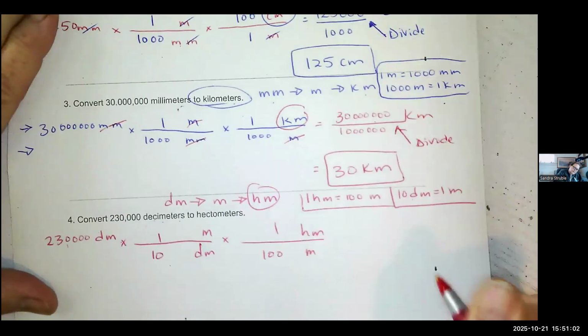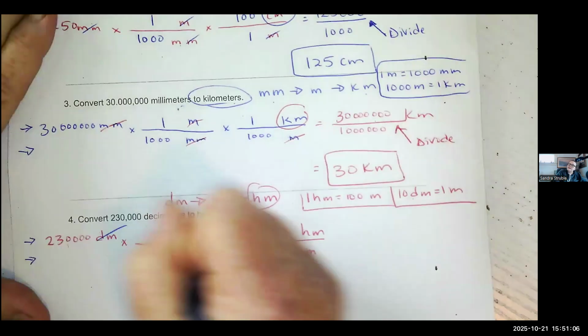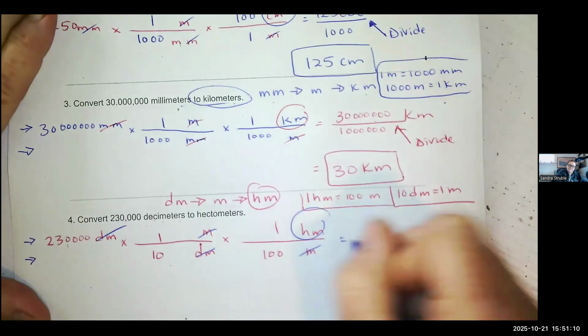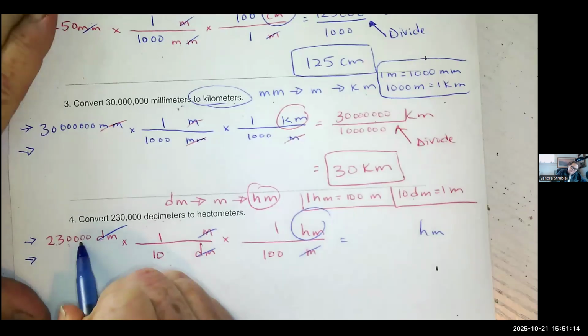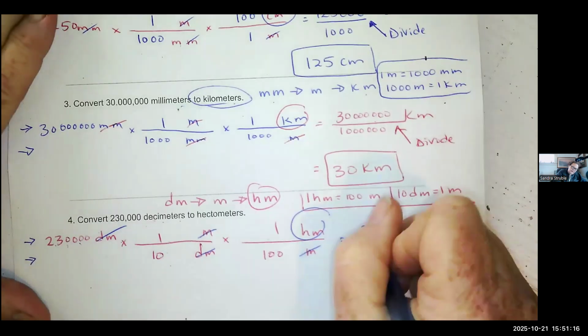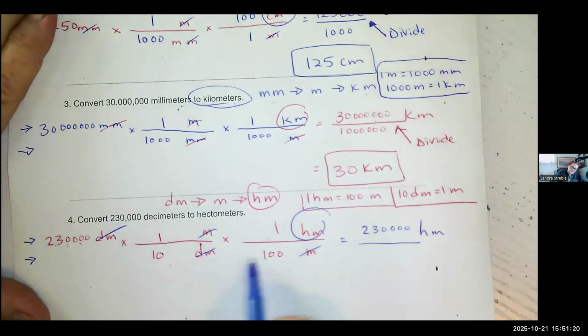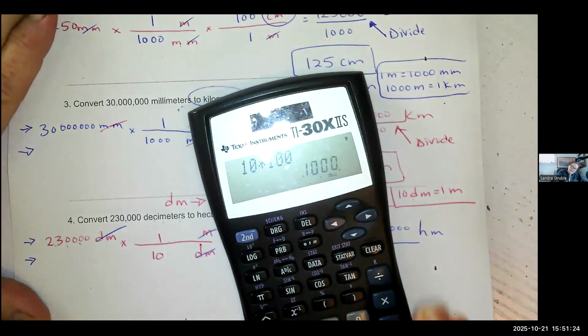Multiplying straight across. Decimeters are gone, meters are gone, left with hectometers. Fantastic. We have 230,000 times 1 is 230,000 over 10 times 100 is 1,000. Do not leave it like this.